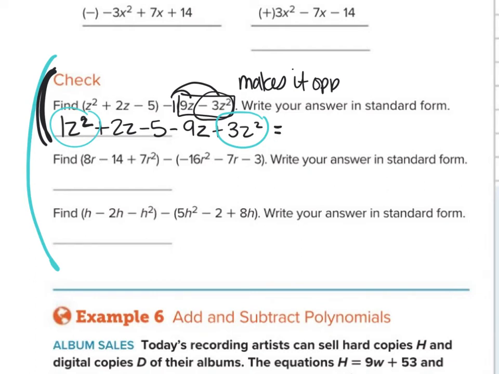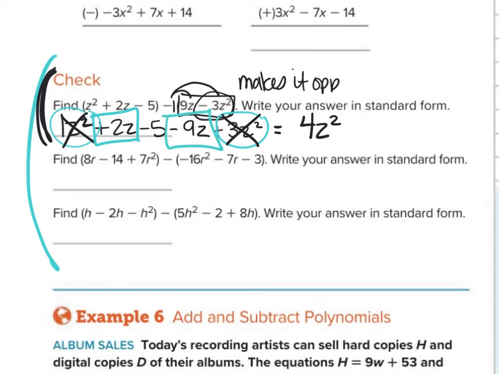So what do we have now? Okay, next, which one do we have to combine next? Did everybody get 2z?